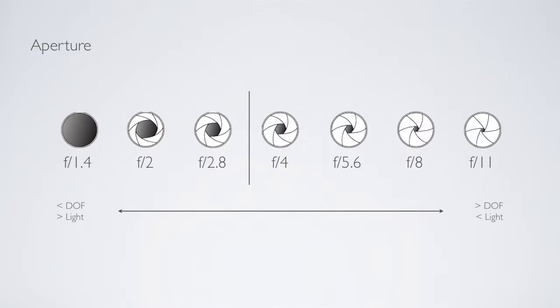Whenever you do that, the cinematic look just disappears. 2.8 is a nice opening and you can find a lot of lenses that support it. Again, I've got tons more information about that in my lesson about lenses. For now, just keep in mind to not cross that line.